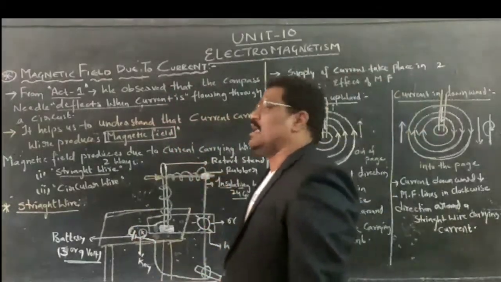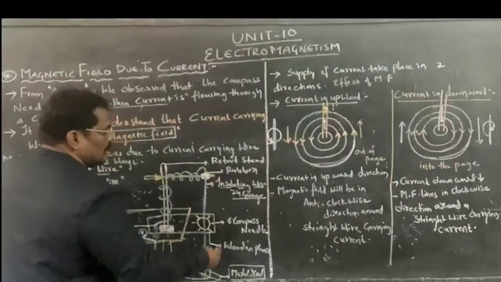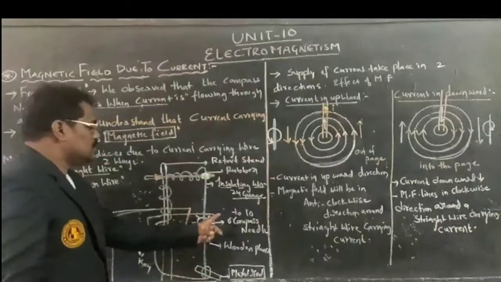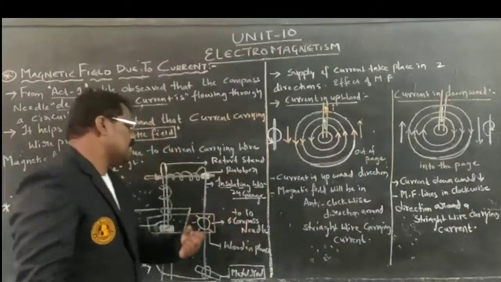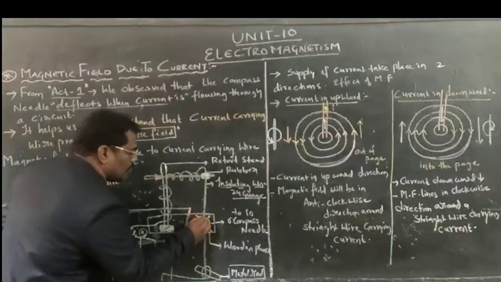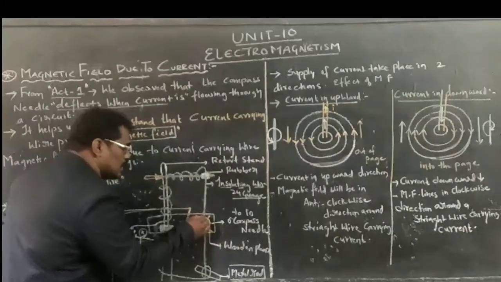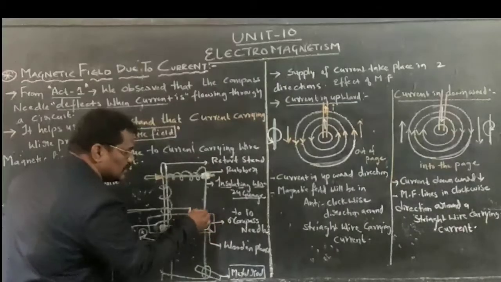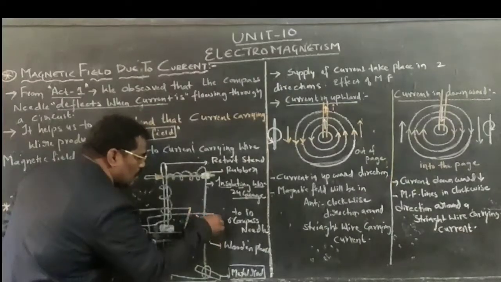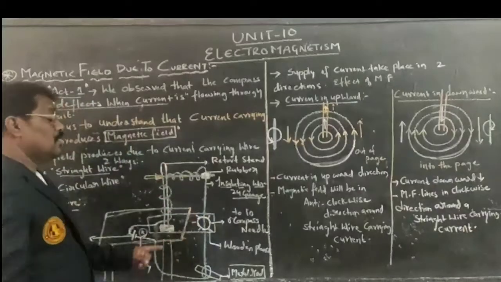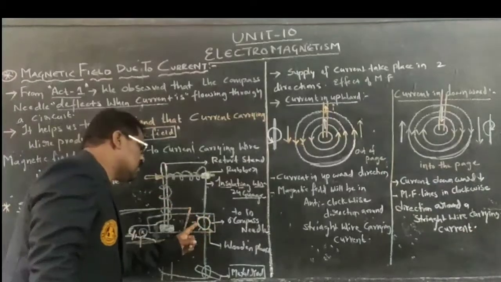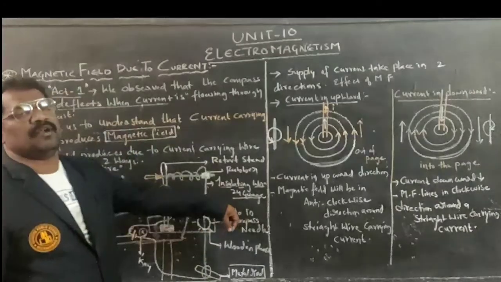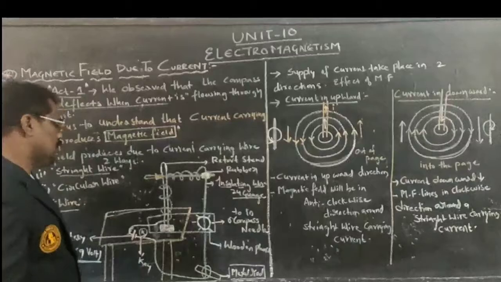After connecting the battery, I am taking 6 to 10 compass needles. How many needles am I taking here? 6 to 10 compass needles, and I place them around this circularly cut wooden plank, around the circular shape existing on the plank.